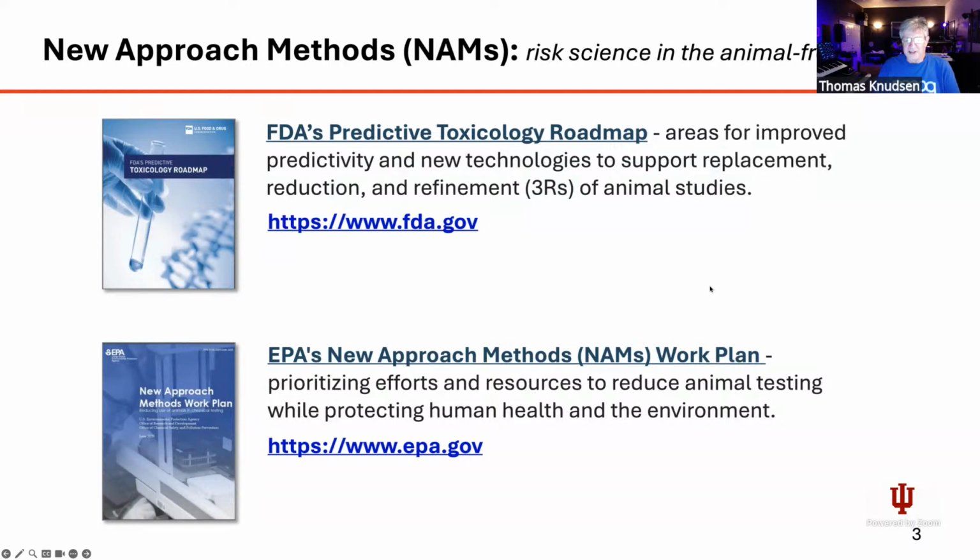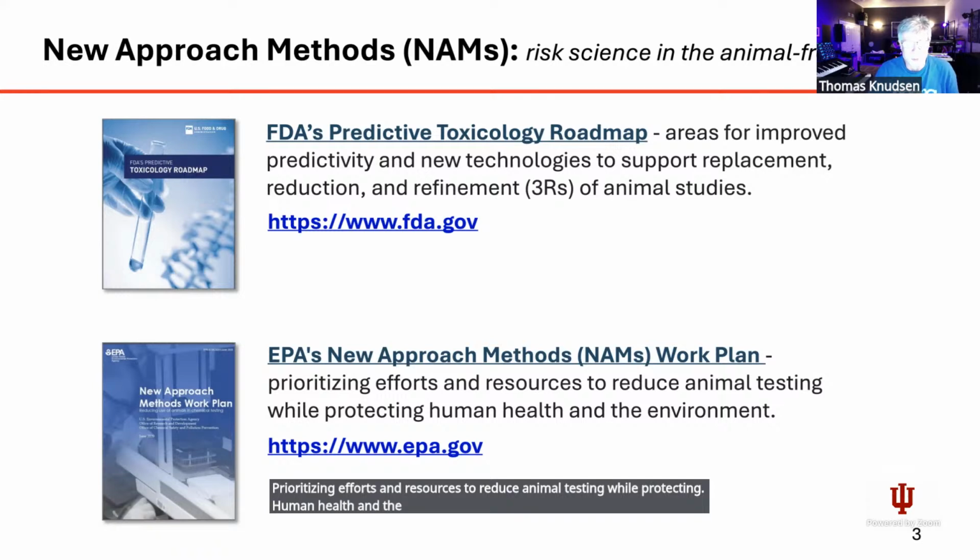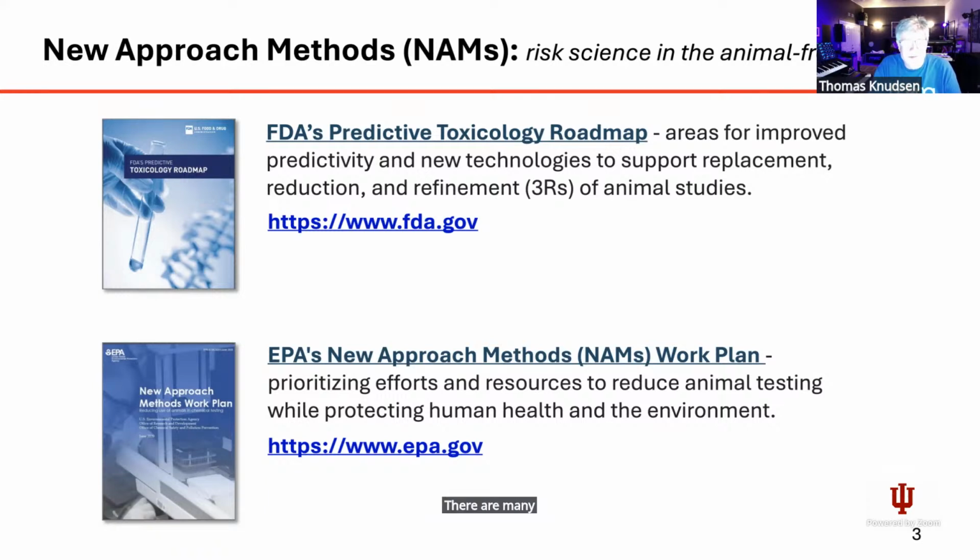And the EPA's work plan, on new approach methods, prioritizing efforts and resources to reduce animal testing while protecting human health and the environment. And the links to those documents are there. There are many other documents that have been published on this topic, but these are two of the original ones.